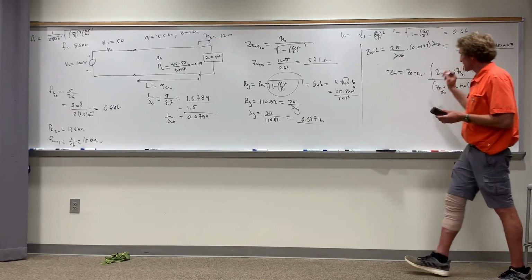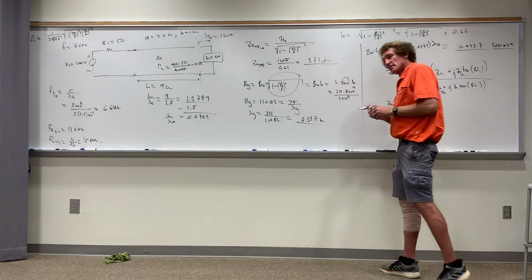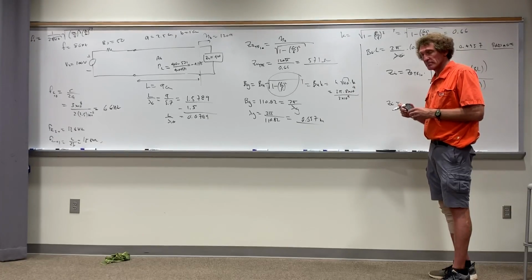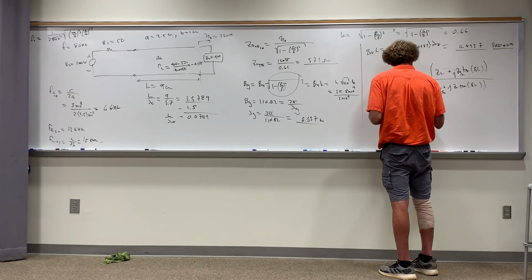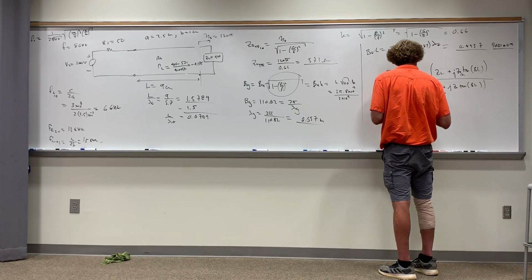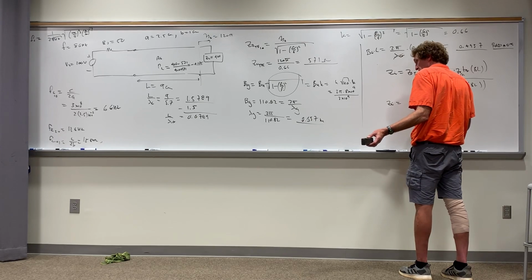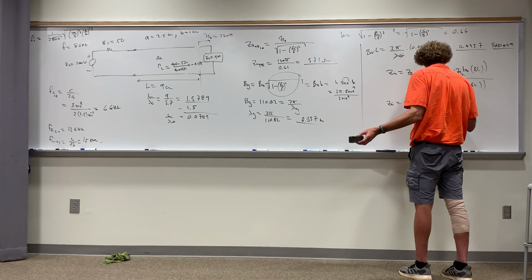So when you crank this out, what do you get? I hope you got the same Zin as I did. Yeah, if you do it with that beta L term, you get 451.89 plus j 136.74.